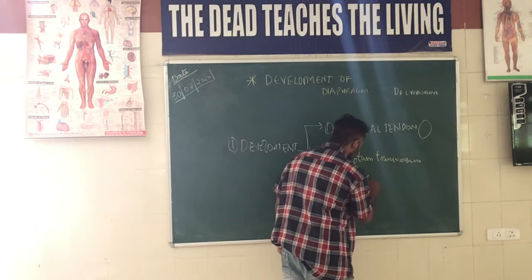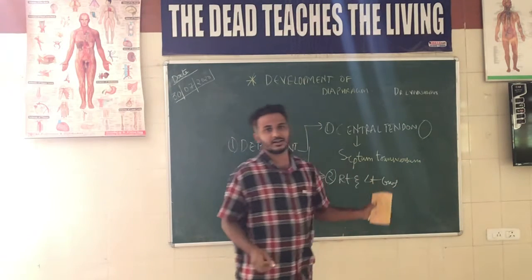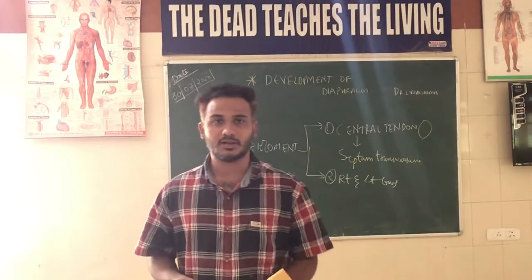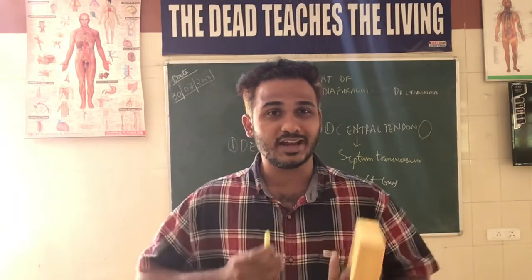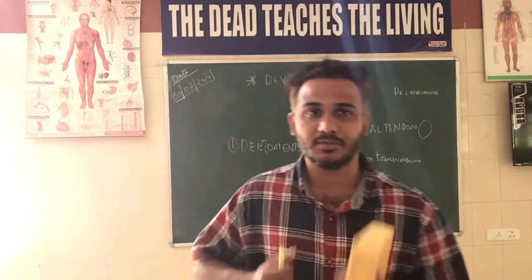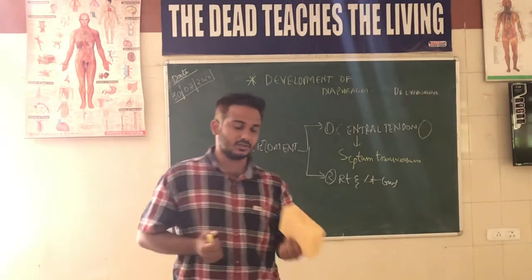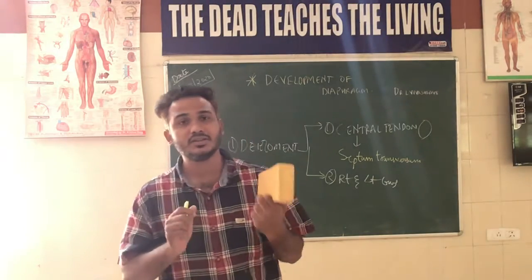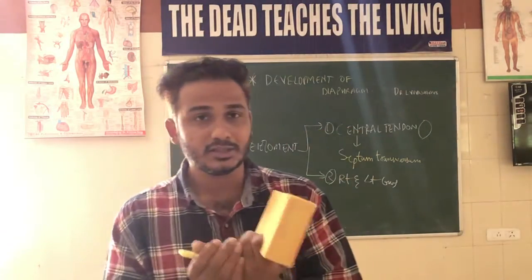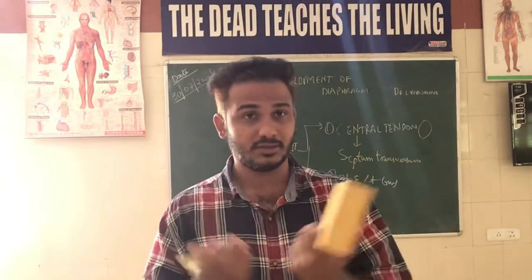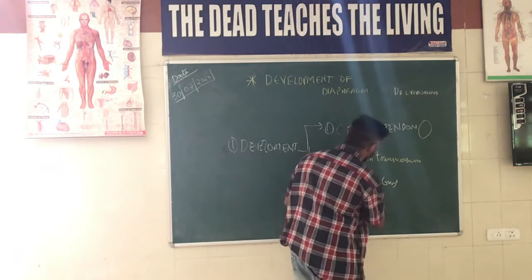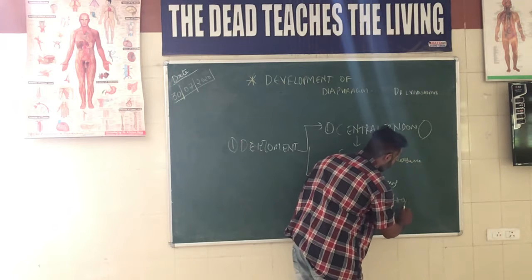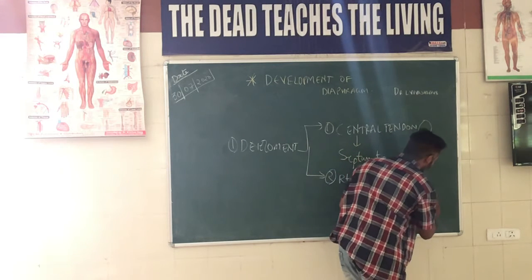These are developed from the dorsal mesentery of the esophagus. Mesentery is a fold of peritoneum which suspends the GIT so that it is stabilized inside the abdominal cavity. The mesentery holding the esophagus part of the GIT gives rise to the right and left crus of the diaphragm.